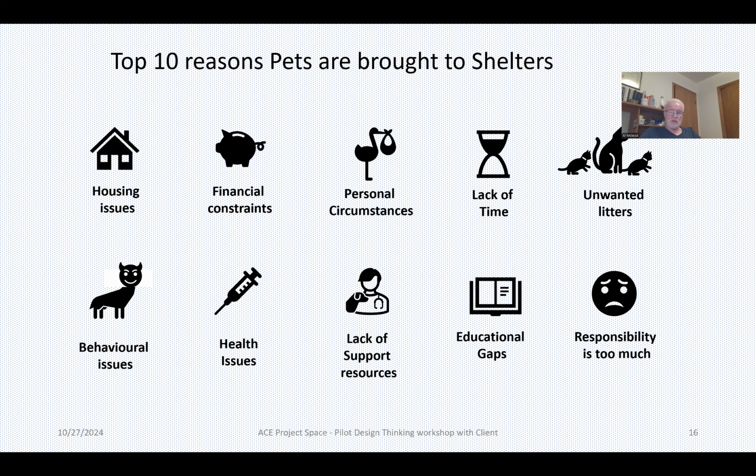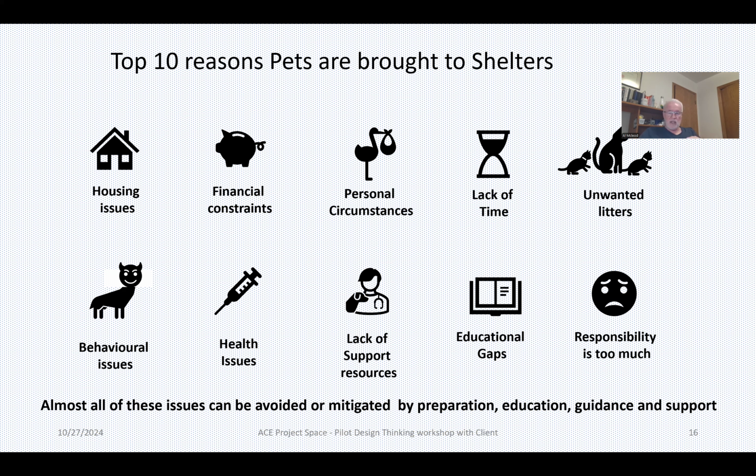Behavioral issues, which is usually caused by something else, like a bored animal not being treated properly. Health issues, lack of support resources, educational gaps, and responsibility is too much for the person. So these are the top 10 issues we're facing. But these issues can mostly be avoided or mitigated by preparing, educating, guidance, and support for the new pet owners.